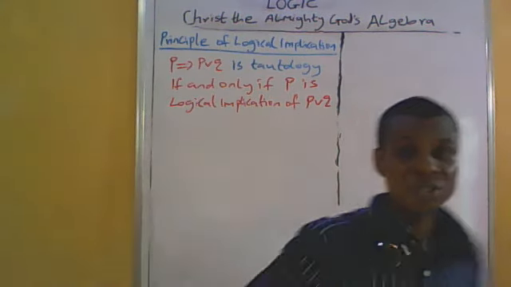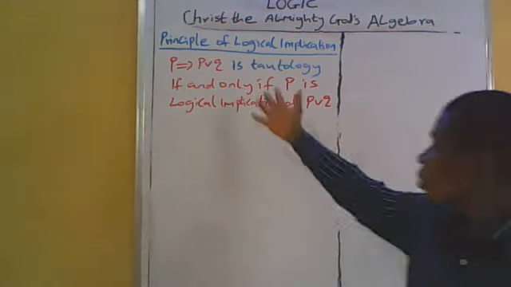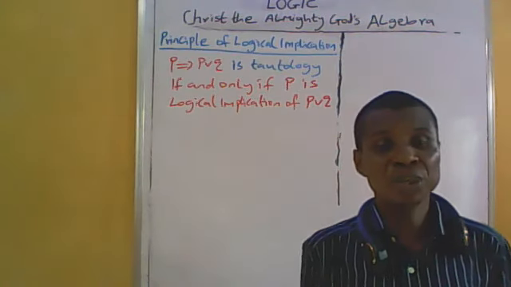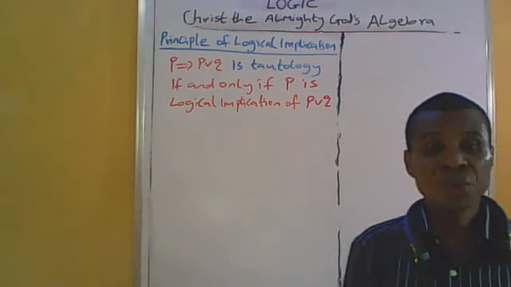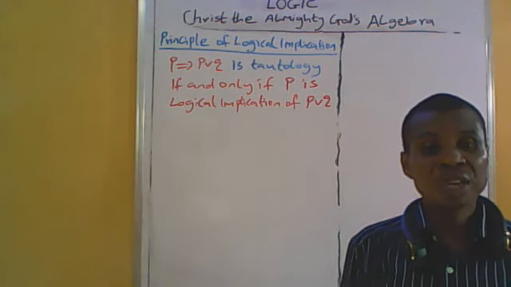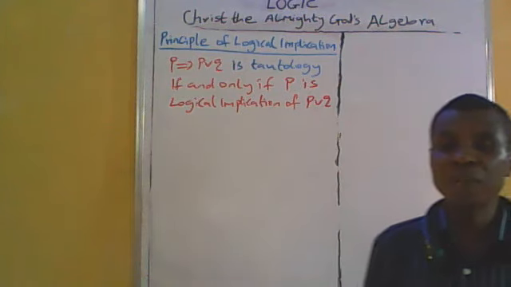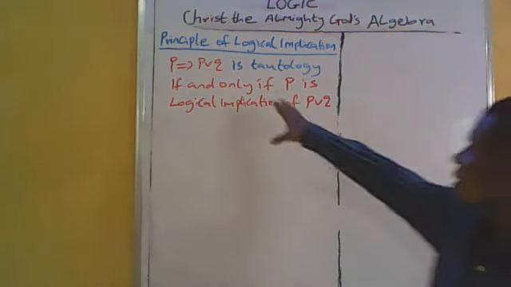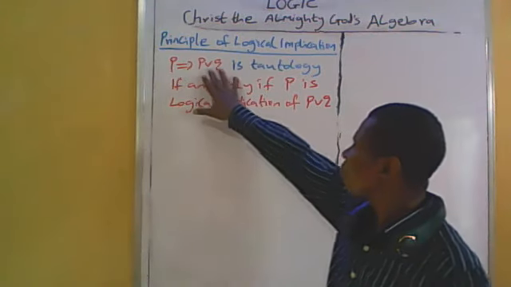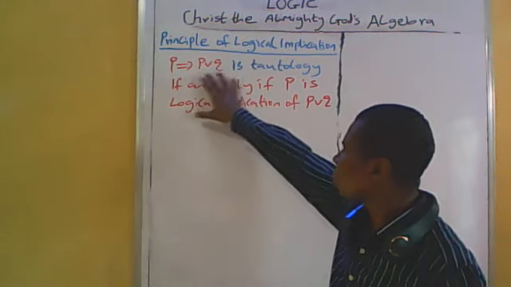So this is the principle of logical implication. You say that P implies P or Q is a tautology if and only if P is a logical implication of P or Q. You will find out that P implies P or Q is a tautology.